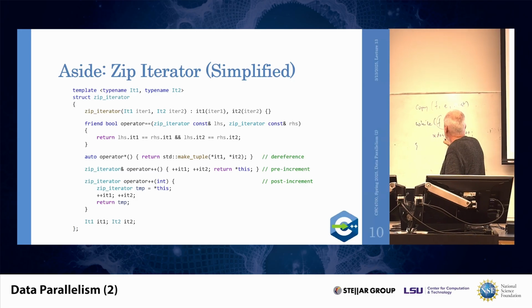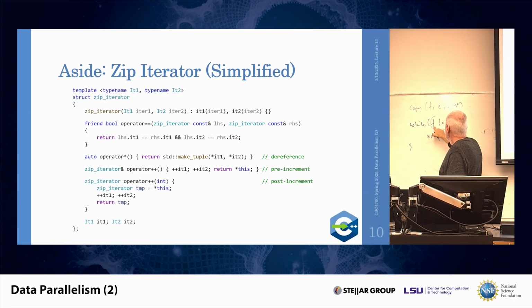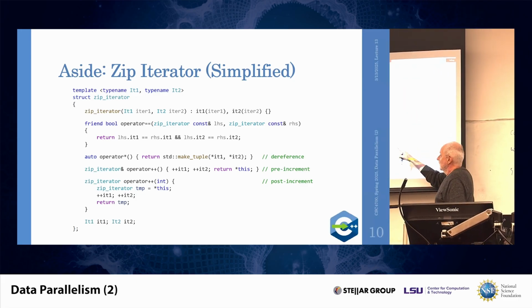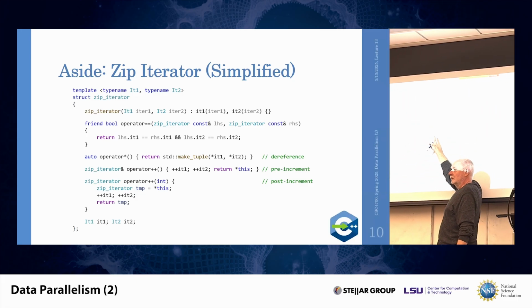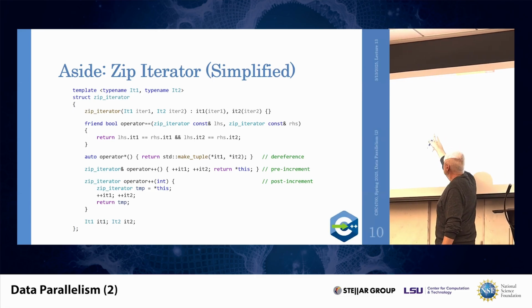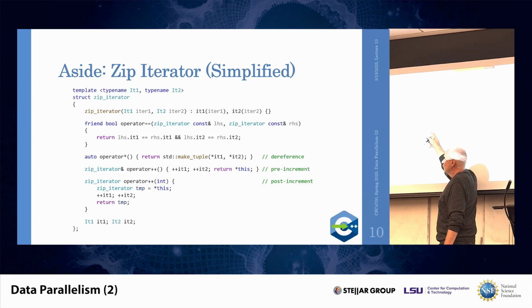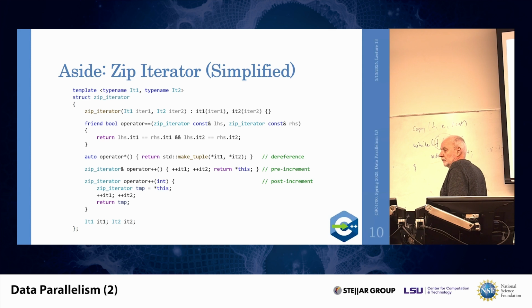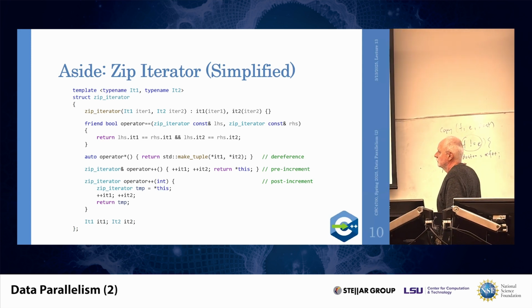Yeah? The while loop will go as long as these two things are not equal. But this is an equality operation. So it's the opposite of what you're looking for. So as long as this one returns true, the loop will go on. Not the opposite.